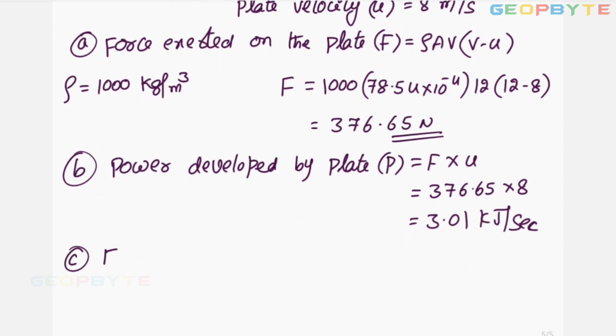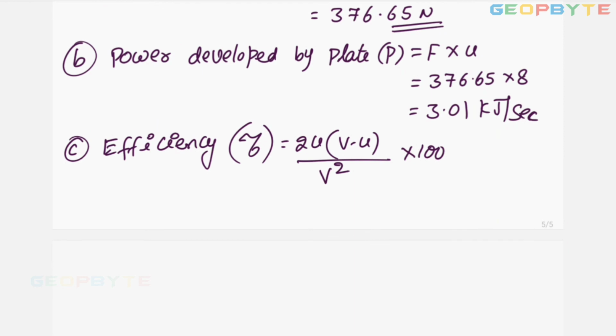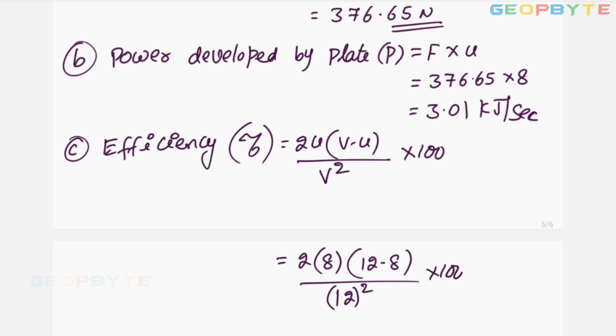Efficiency eta equals 2u into (v minus u) by v square into 100 to get in percentage. 2 into u, 8, v is 12 minus 8, divided by 12 square into 100.